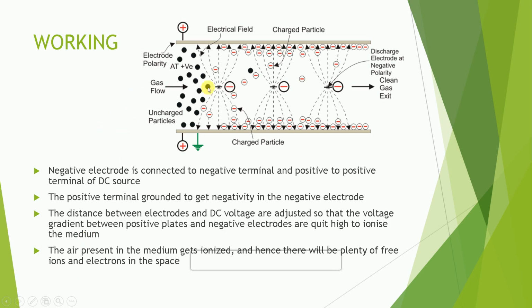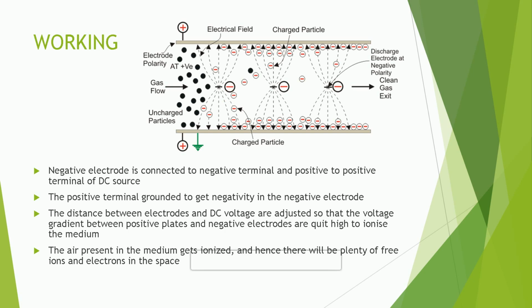When the dust particle flow comes into this chamber, the medium is ionized due to the highly negative electrodes. This will release some free electrons from the electrode wire. When the dust particle comes inside this medium, it will be surrounded by the free electrons present inside the medium.